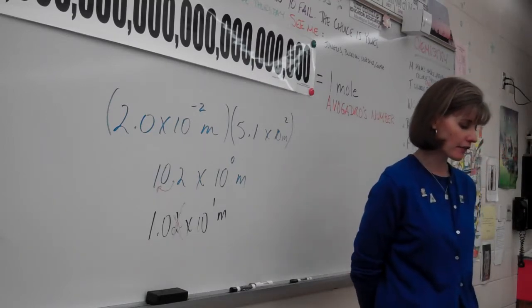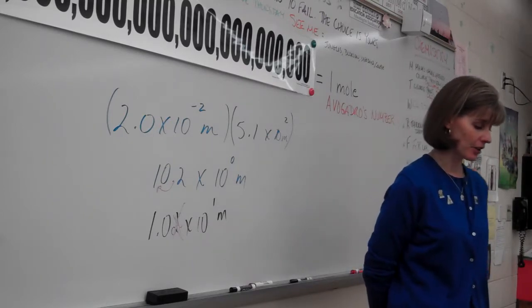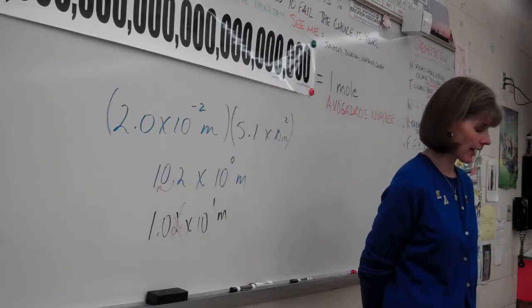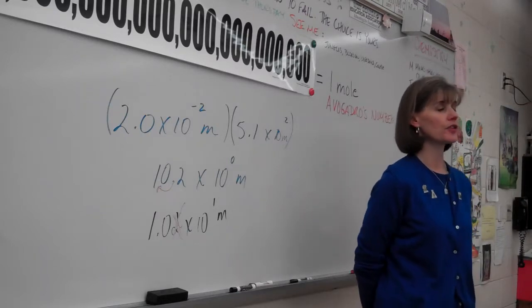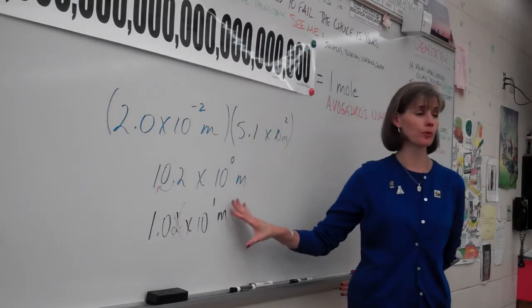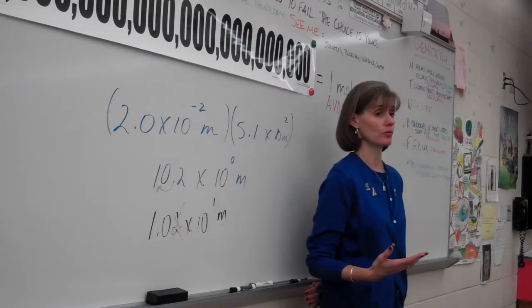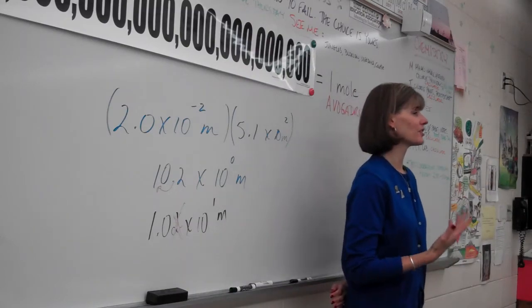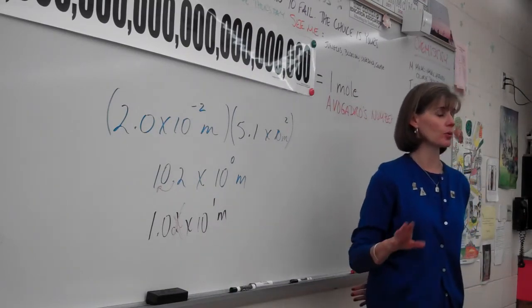Number 10, identify the correct number of sig figs in a calculated answer when multiplying and dividing. This is the same as the process we went through here, only this is going to ask you in words. When you multiply and divide, how many sig figs go in your answer?